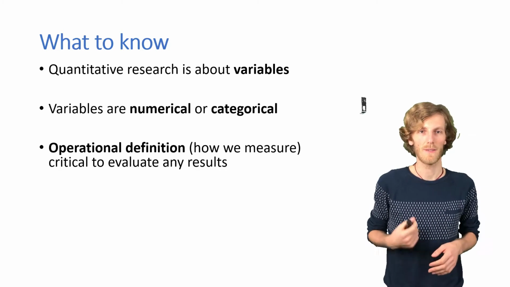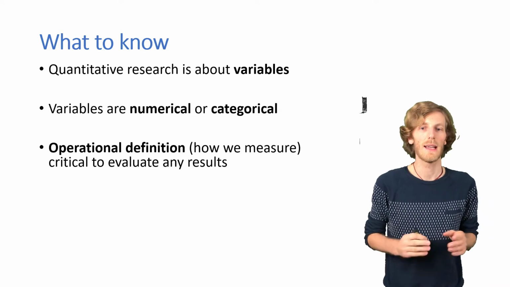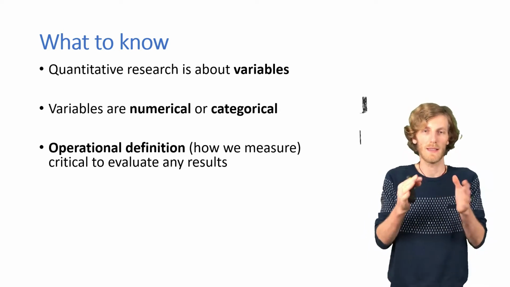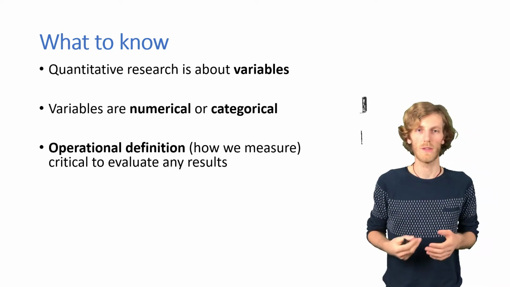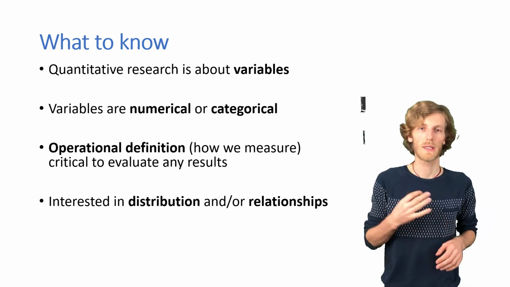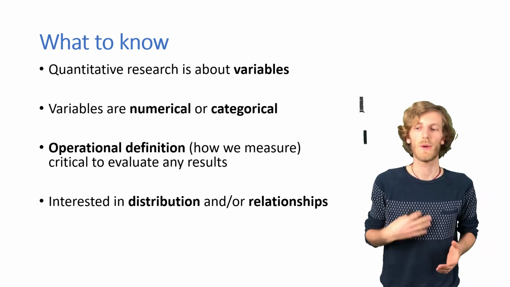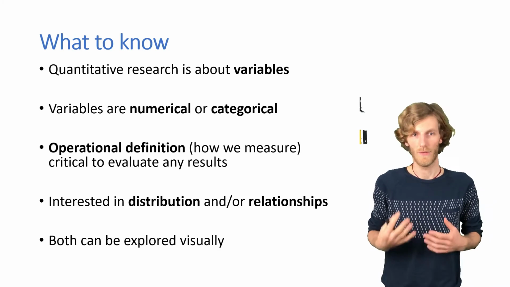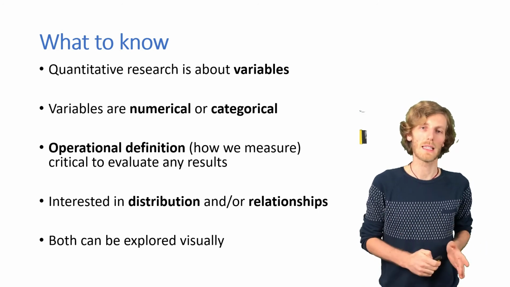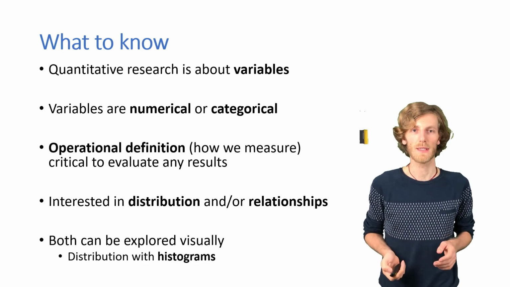Operational definitions are really important because they define how we measure, and that allows us to decide whether our numbers correspond to the real world. We might be interested in the distribution and or the relationship of variables, and the starting point for getting at that is visual exploration. In the case of a distribution, through histograms; in the case of relationships, through scatter plots.